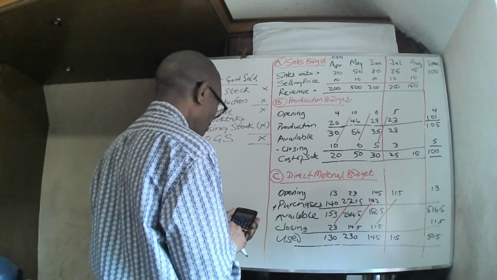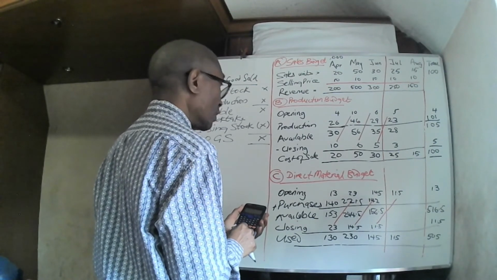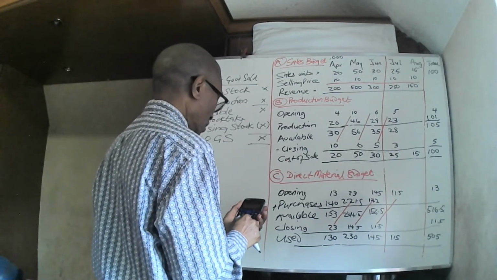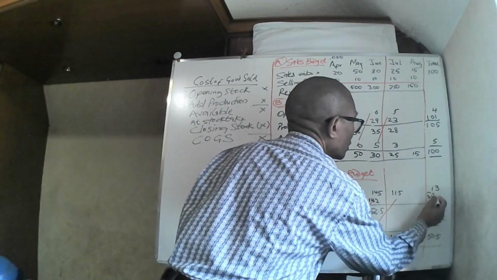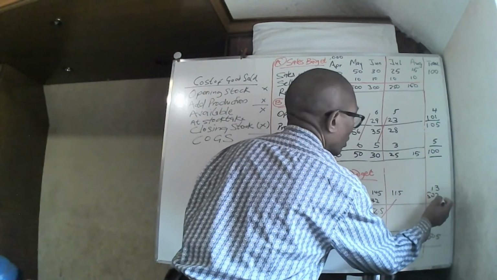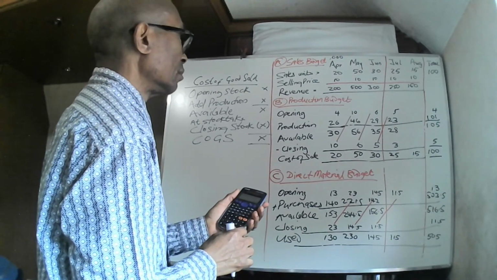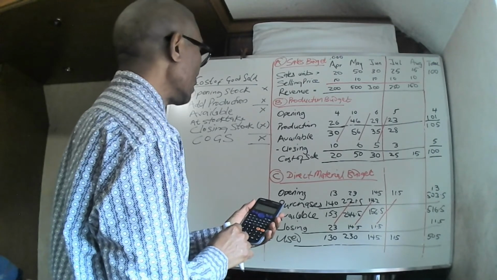Okay. Purchases will be 140 plus 221.5 plus 142, 503.5, plus 13.